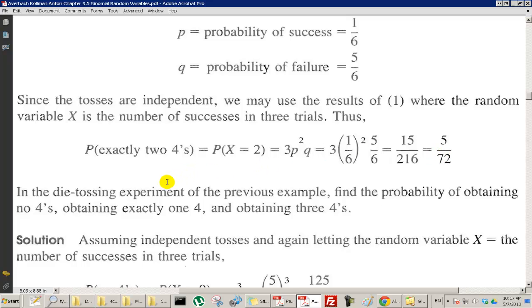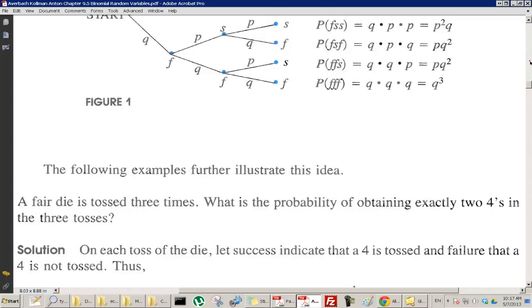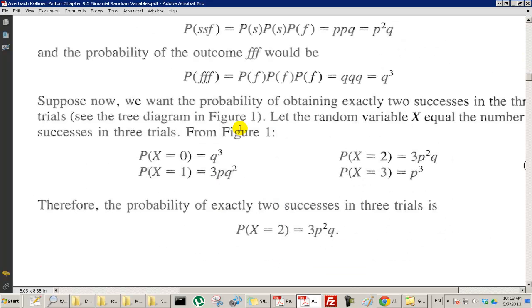In the die tossing experiment of the previous example, find the probability of obtaining no 4s, obtaining exactly 1 4, and obtaining 3 4s. Okay? So we already did the calculations basically up here. We had that x equals 0, x equals 1, x equals 2, x equals 3.